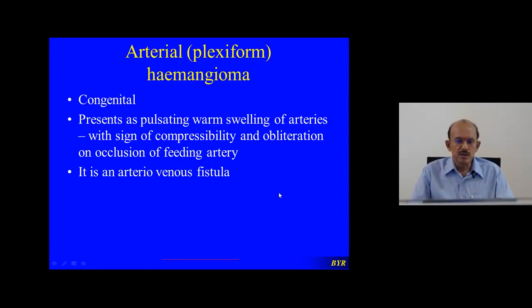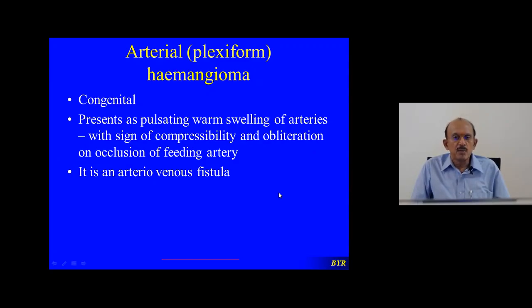So it is an arteriovenous fistula. It is actually an arteriovenous fistula, but earlier the surgeons thought that it is a mass of arteries. Actually, it is not a mass of arteries. Only one single artery is there. It is communicating directly with the veins.